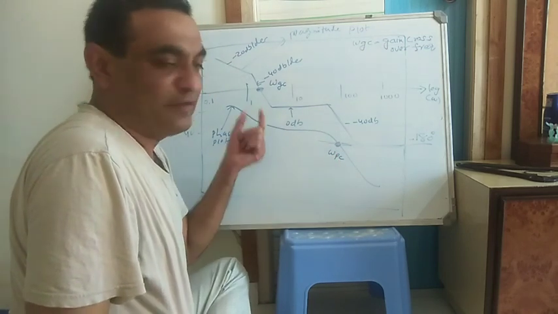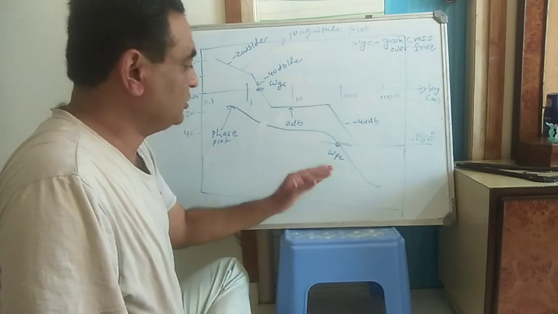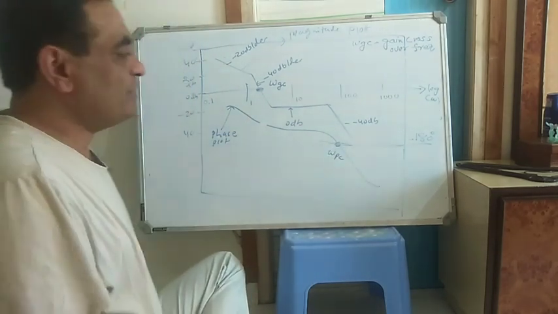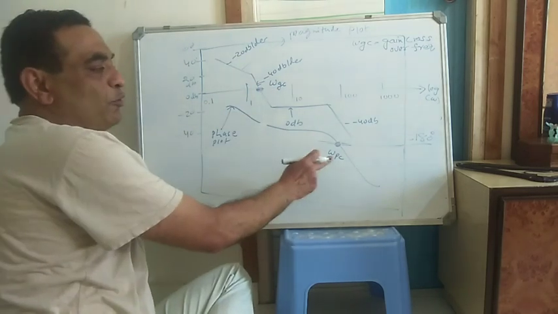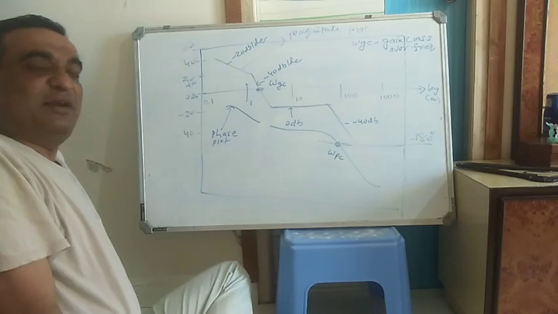Omega PC, the phase crossover frequency, is the frequency where the phase plot crosses the minus 180 degree phase line. Once we identify omega GC and omega PC, we can ascertain the stability of the system.